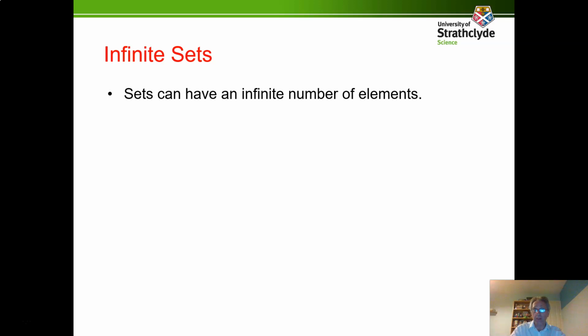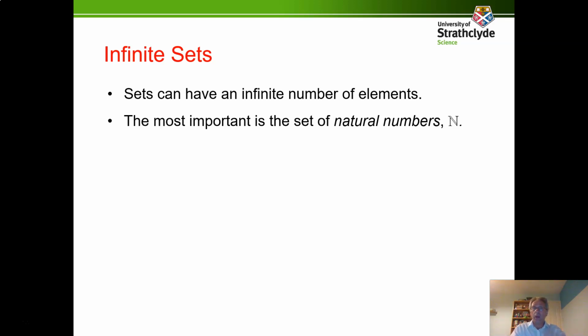As you know, some sets are infinite. They go on forever and ever, and they never come to an end. If you try to enumerate the elements, you will never complete that process. So sets can have an infinite number of elements. And the most important set from the point of view of computer scientists is the set of the natural numbers, N. As you may know, we sometimes use N0 starting at 0 and N1 starting at 1.